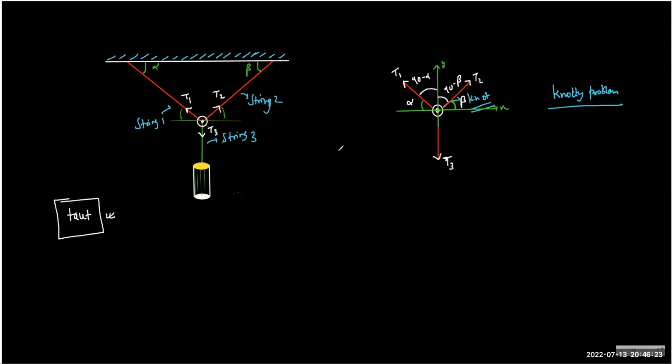So whenever a vector is parallel to the direction, we call it 0 degree. That's correct. So now what is your job here? Let's say I'm asking you to do something. Find T1x, T1y. Okay. Find T2x, T2y. Find T3x. And this is not very difficult. You can do it.